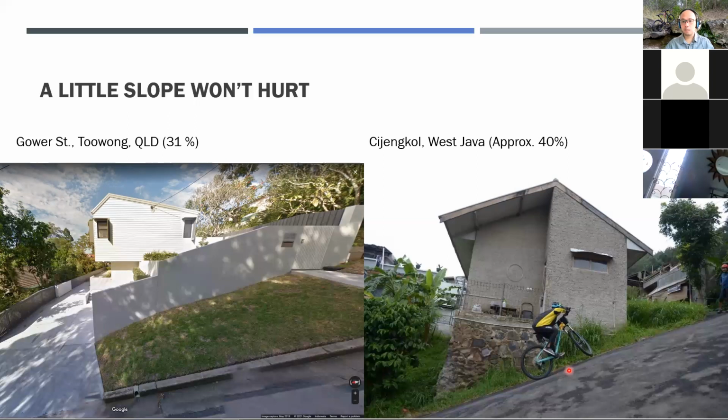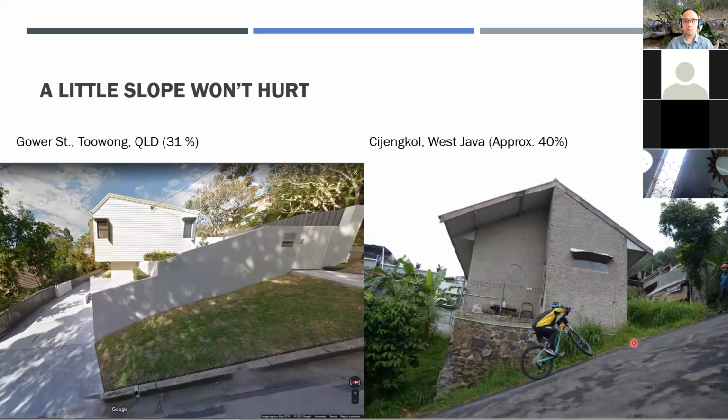But as I said, these extreme slopes are generally avoided, especially if you happen to be living or building in areas that have icy cold winters, because you don't want these extreme slopes to freeze over.